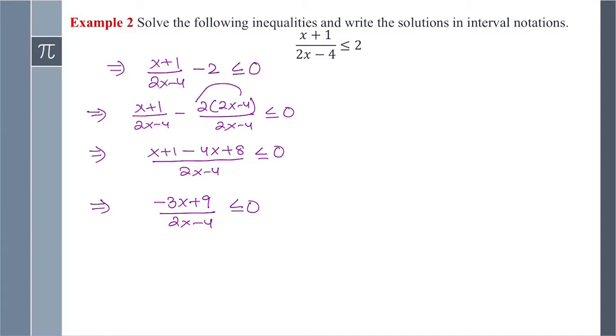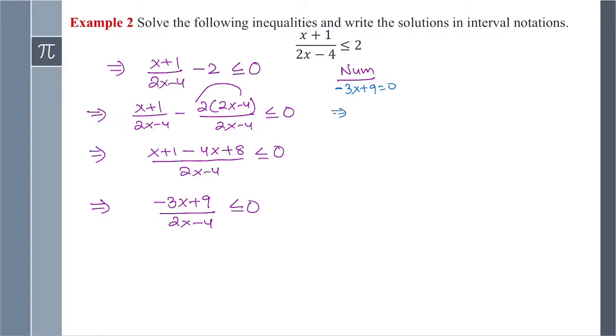So that's the first step. Now the next step is we'll find the critical values by solving the numerator and denominator separately. So we take the numerator, negative 3x plus 9 equals 0, and then we solve for x.